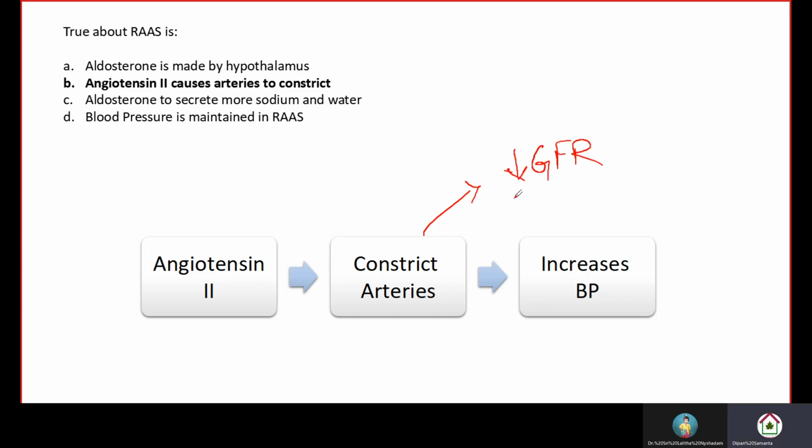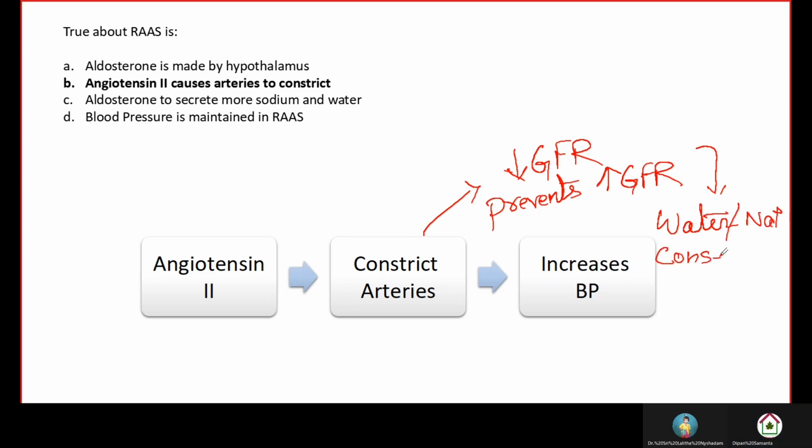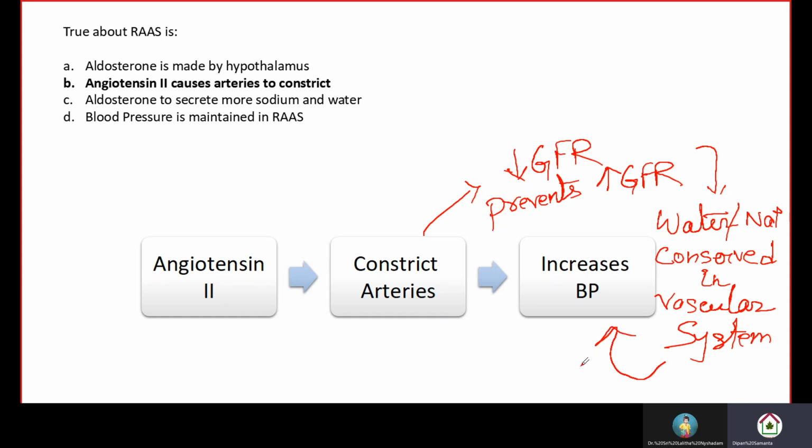GFR, or we can say prevents an increase of GFR, glomerular filtration rate, and thus water and sodium are conserved in the vascular system. So it increases BP, and it increases BP in this way.